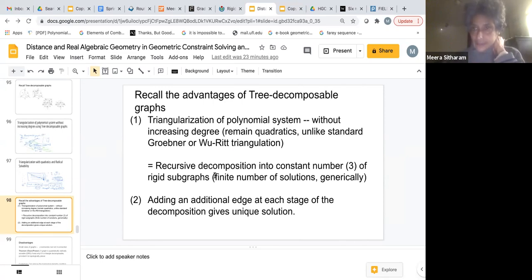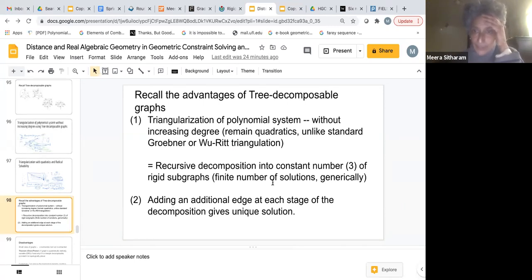Generically, the properties of the graph will be used to talk about how many solutions the polynomial system has. We want finitely many solutions. As I said, these are all rigid subgraphs, rigid graphs, and everything is immediate to prove from the definition of tree decomposable graphs.